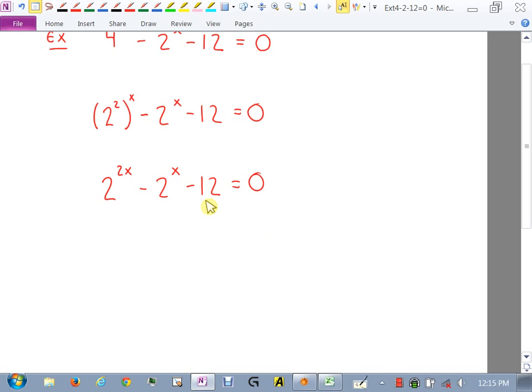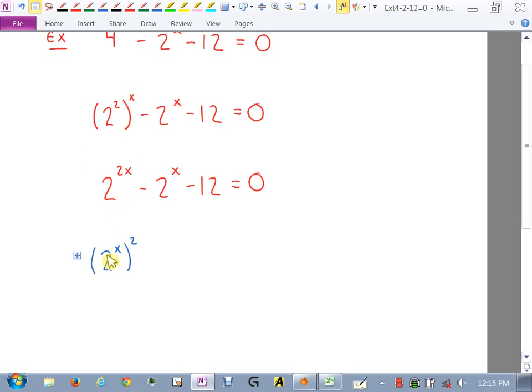12 is not 2 to a power. Now, you're supposed to see this the first time and then be like, okay, I see that now. I'm not expecting that you would have seen that automatically. Do you agree with this? Is this the same? So I said 2 to the 2, all to the x, is equal to 2 to the 2x.